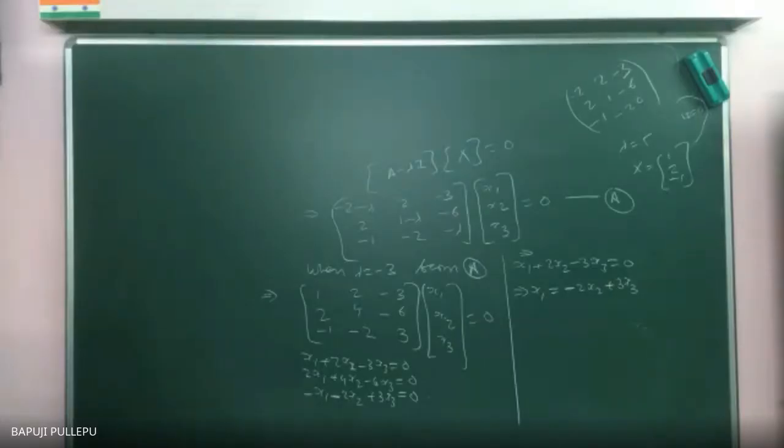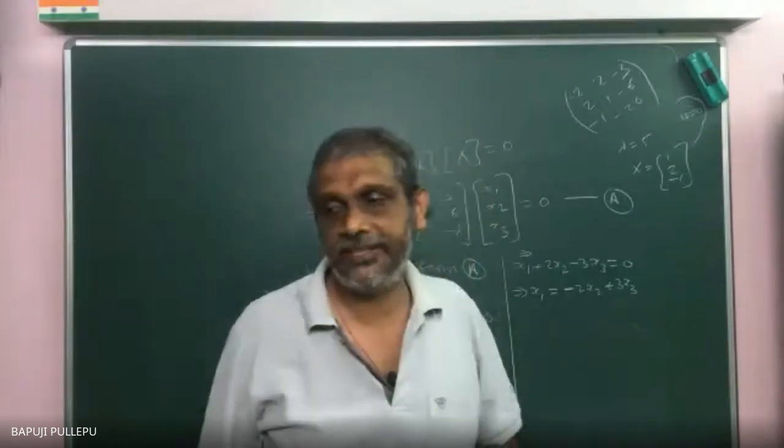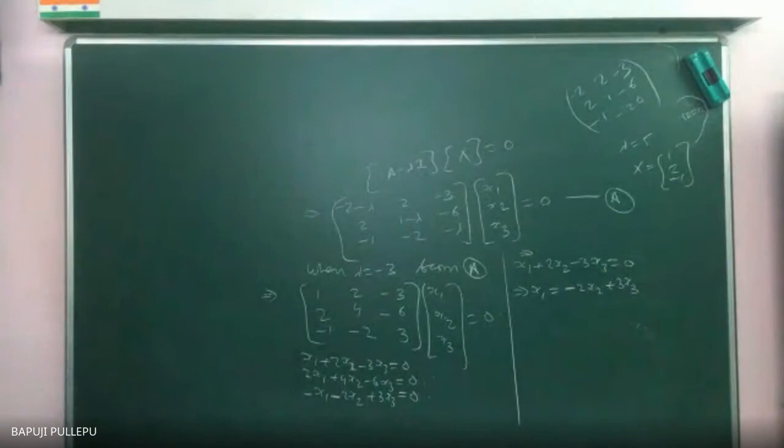I am taking the other side because it is equal to 0. No way I will substitute; taking any of the three equations, they are the same. From one equation I am writing x1 is equal to the sum of the remaining two. Correct or not? Yes, sir.